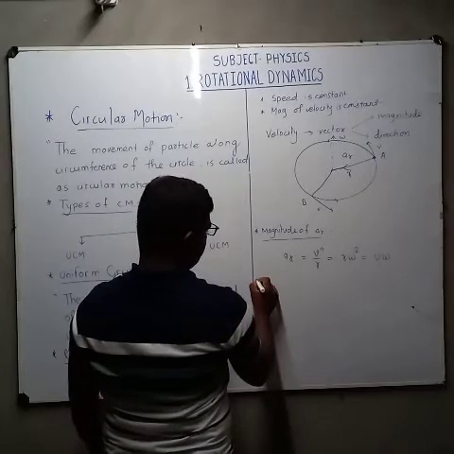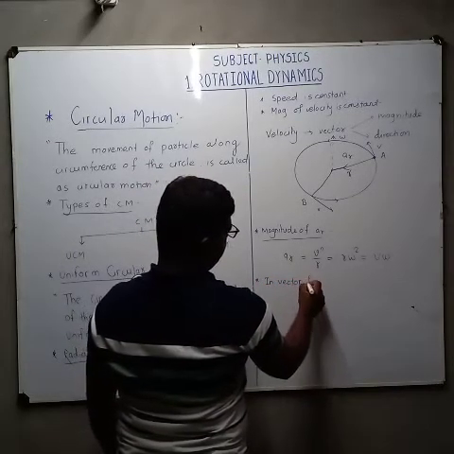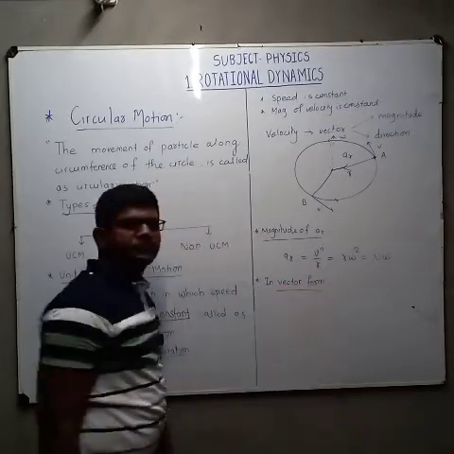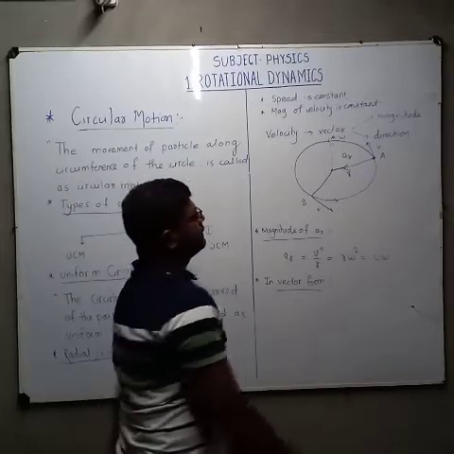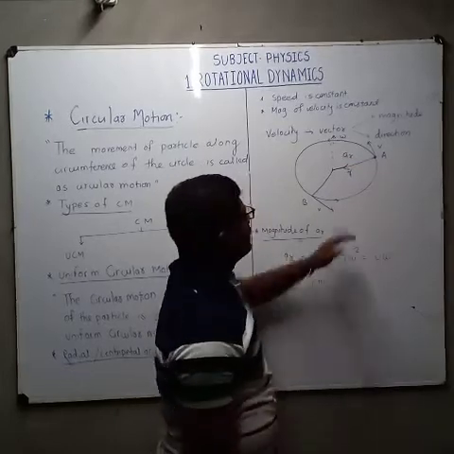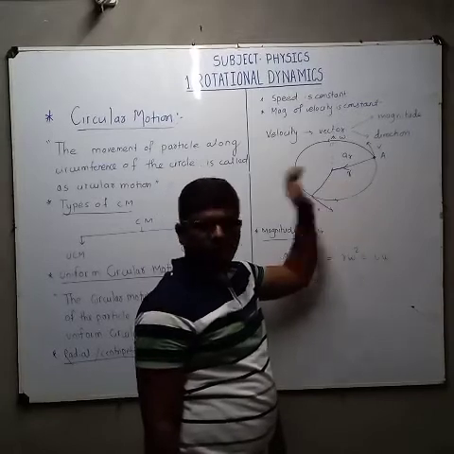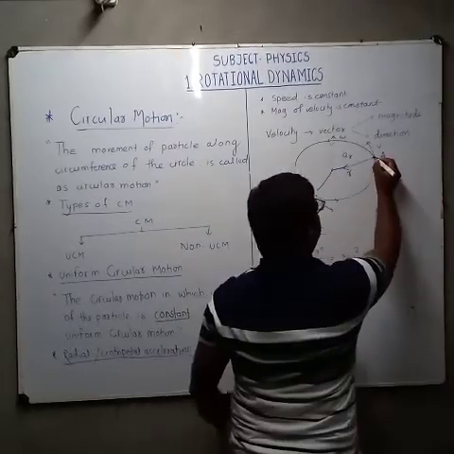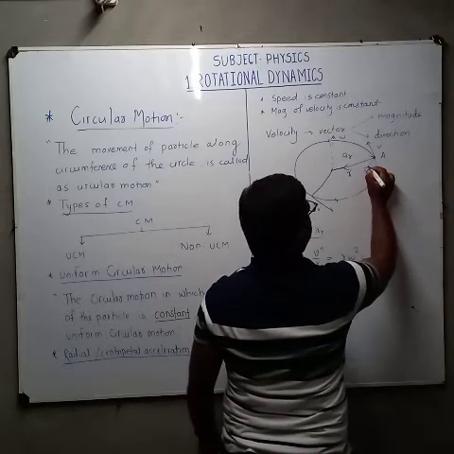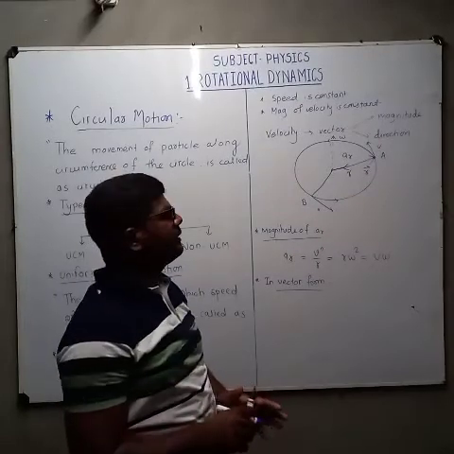Now, radial acceleration in vector form. See, in the figure, the direction of radial acceleration is towards the center of the circle, while we know the direction of radius vector r bar is always away from the center of the circle.